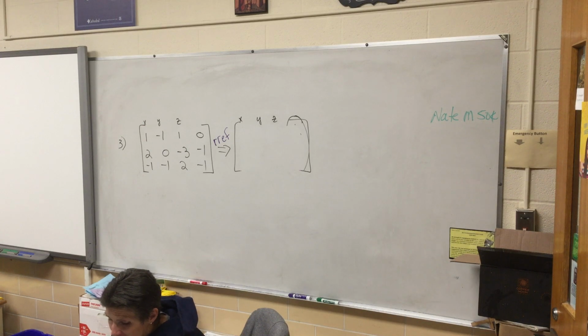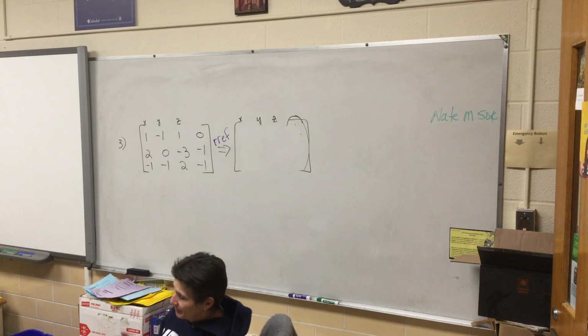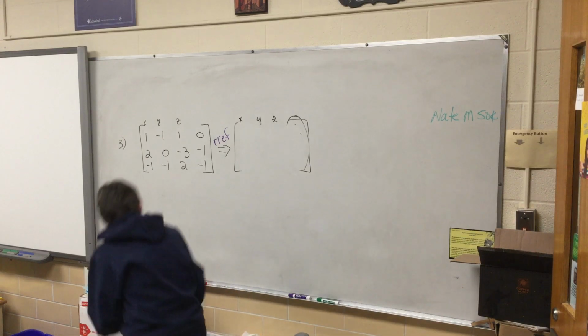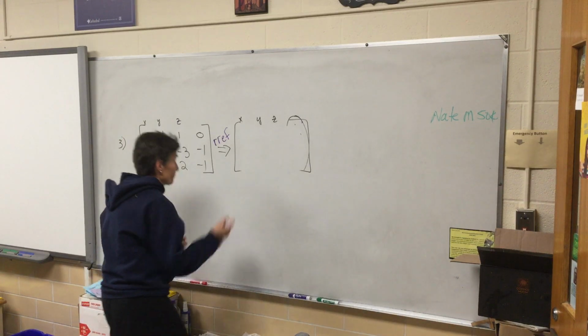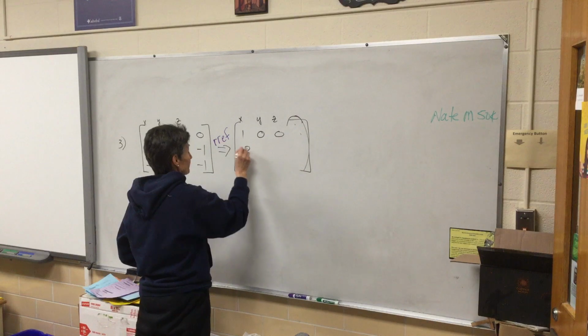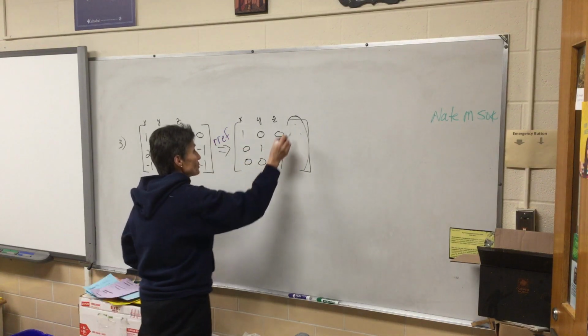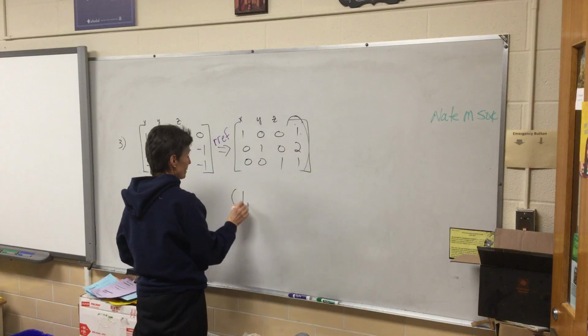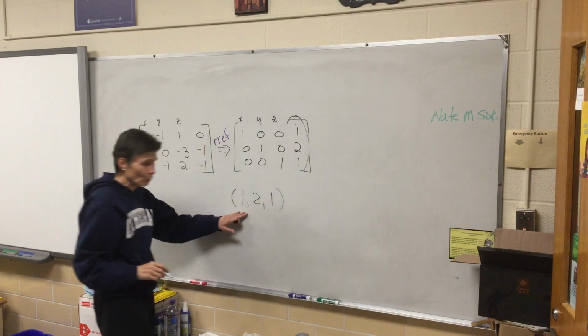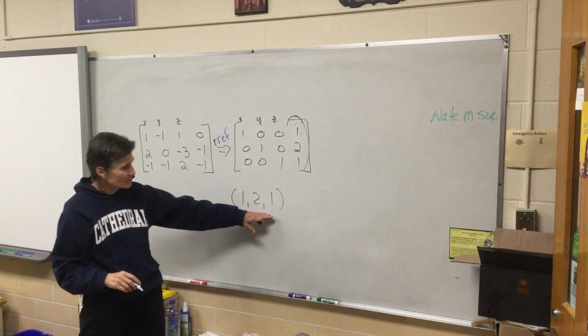Press enter and enter. And that should give you your matrix. And this time I got 1, 2, 1. Make sure you write your answer as an ordered triple. It's not an ordered pair, it's an ordered triple.